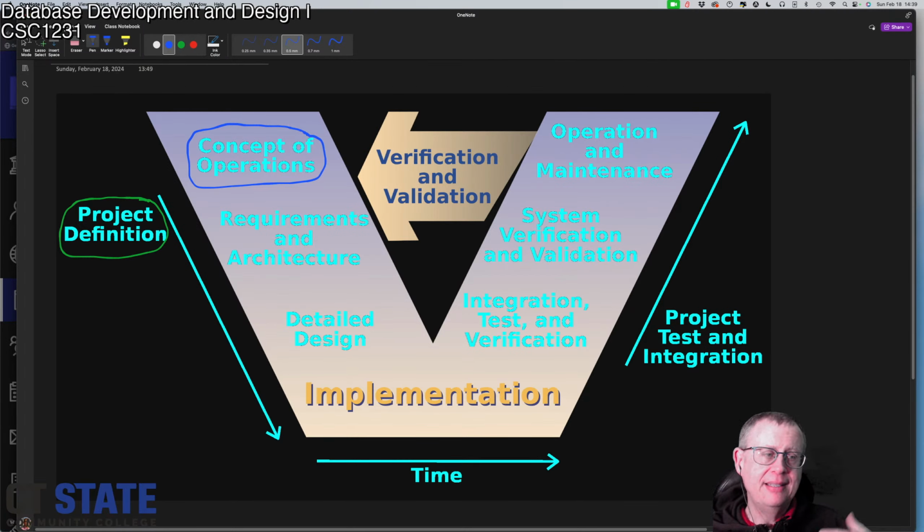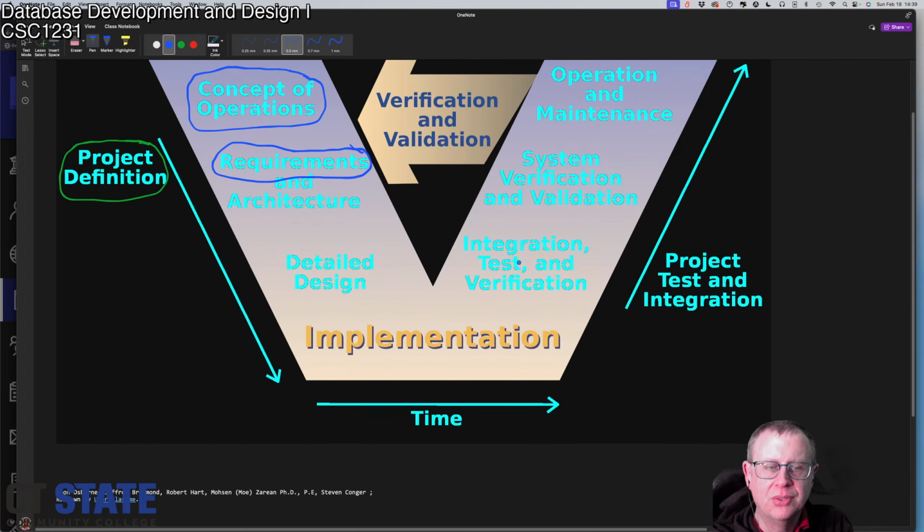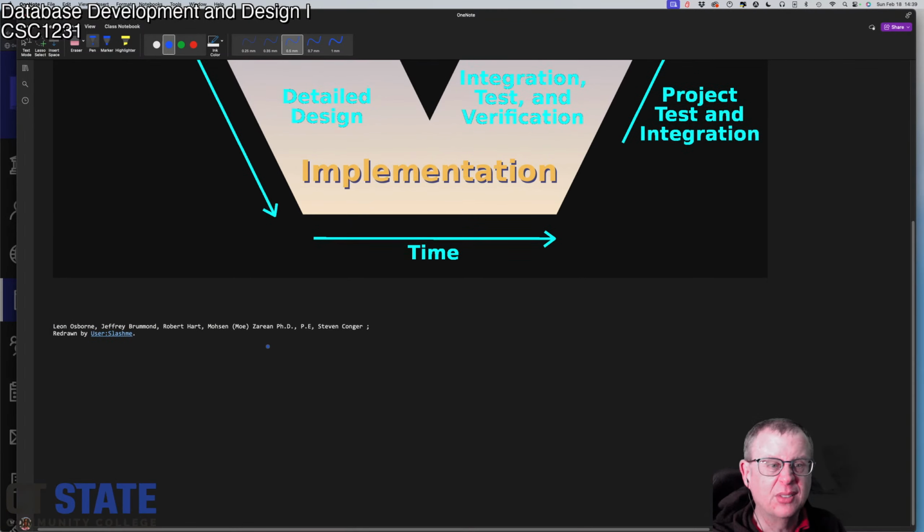And when we talk about functionality, that is often what I would call requirements. Now we're starting to be more specific about what the website is going to do.